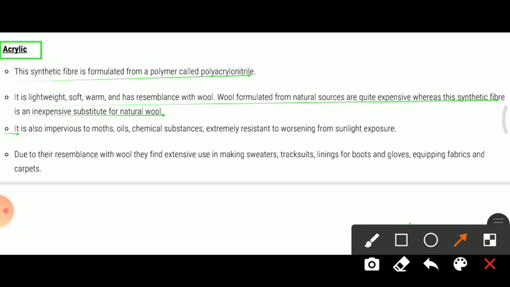It is also impervious to moths, oils, chemical substances, and extremely resistant to deterioration from sunlight exposure. Due to their resemblance with wool, they find extensive use in making sweaters, tracksuits, linings for boots and gloves, furnishing fabrics and carpets.